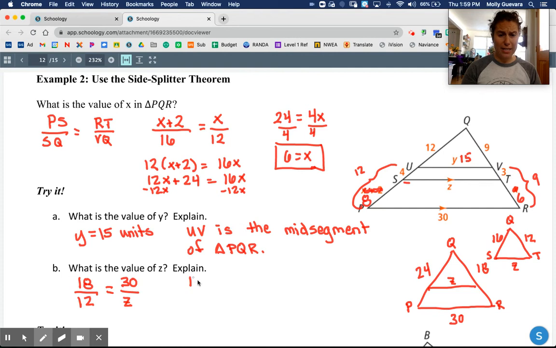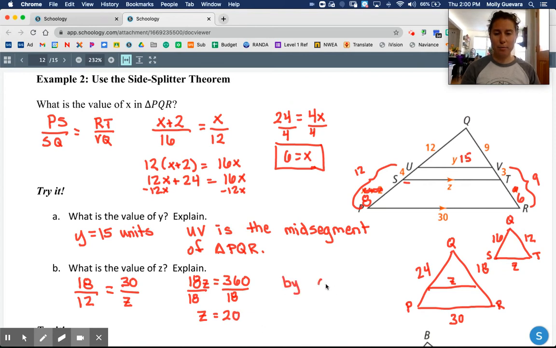So I get 18z is equal to 30 times 12, which is 360. I'm going to divide both sides by 18. And I get z equals 360 divided by 18, which is 20.